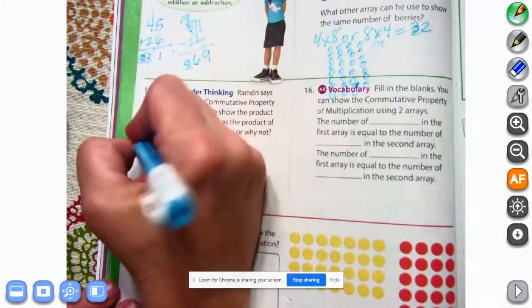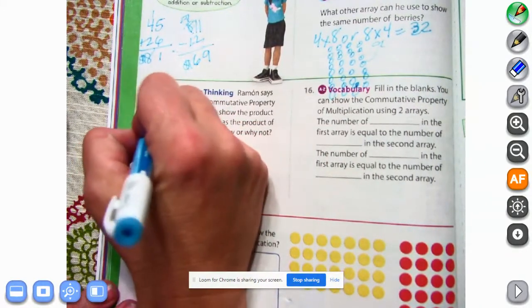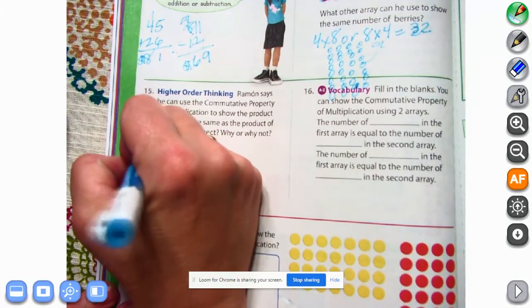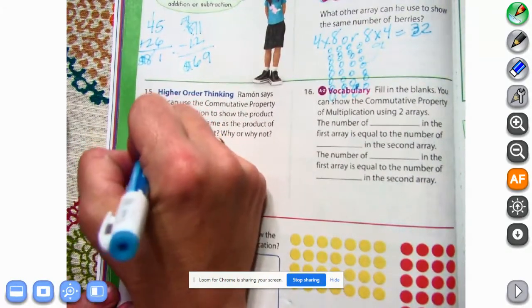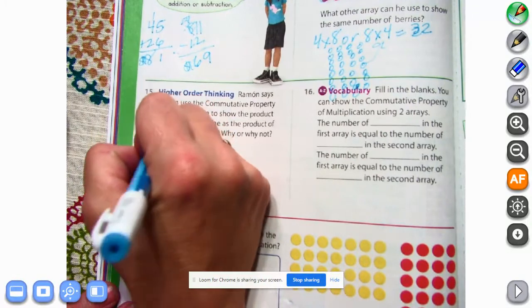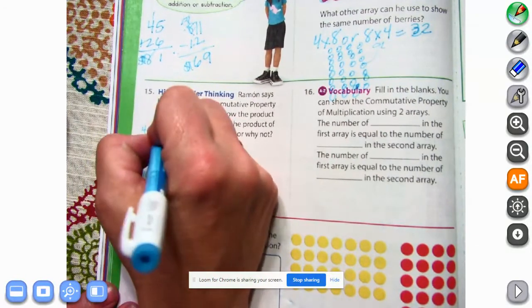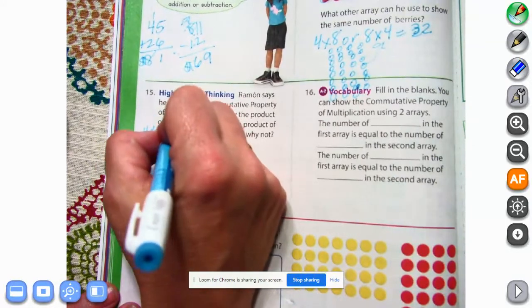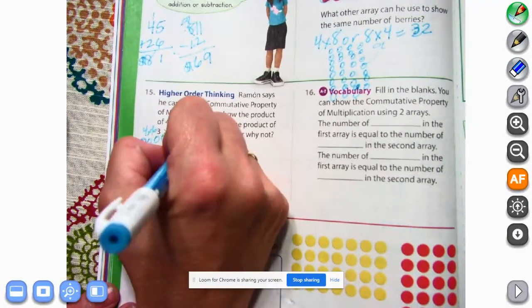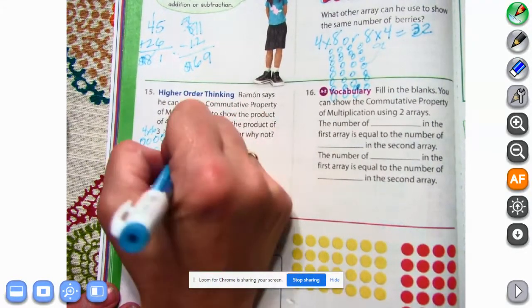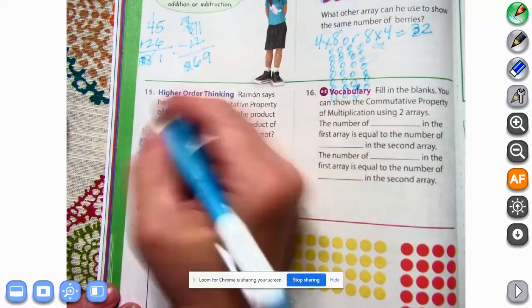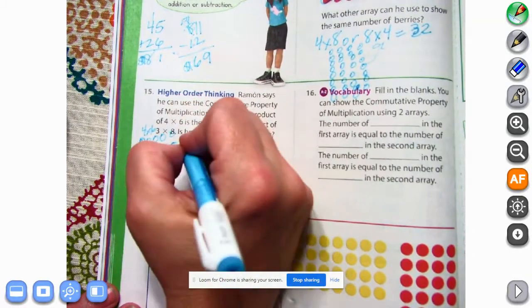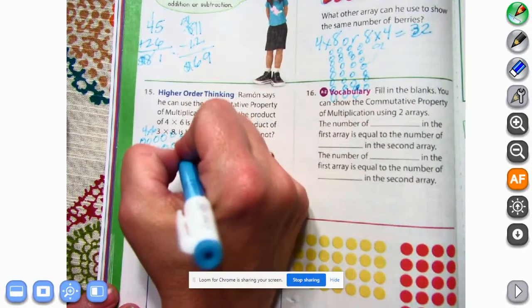Okay, let's start with 4 times 6. 1, 2, 3, 4, 5, 6, 7, 8, 9, 10, 11, 12, 13, 14, 15, 16, 17, 18, 19, 20, 21, 22, 23, and 24.